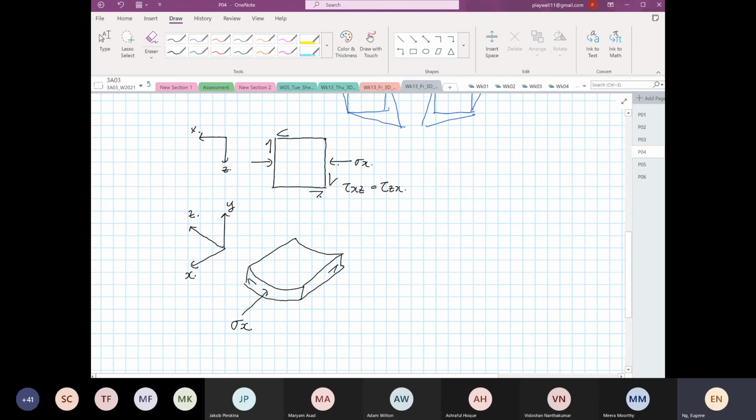So that is how our shear will look. This is our point X. This will be our point Z. And then the hidden feature over here.